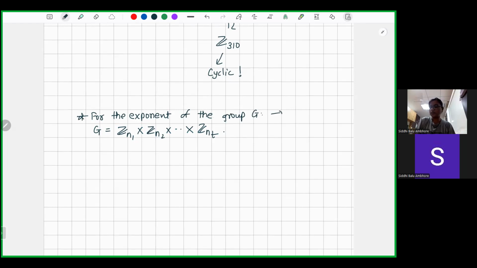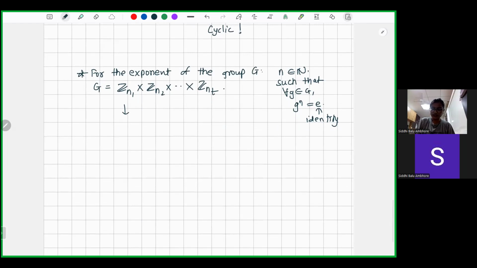Group G exponent means n such that g power n is identity for all g in G. And this we saw that this n is then the LCM of n1, n2, and nt.